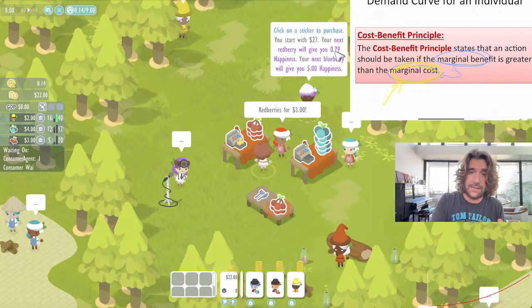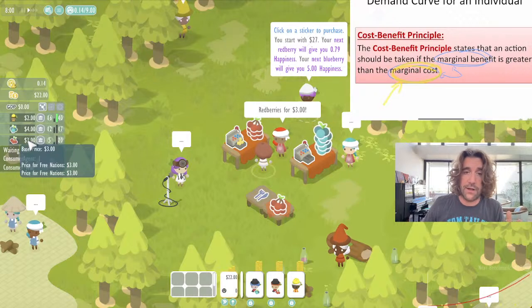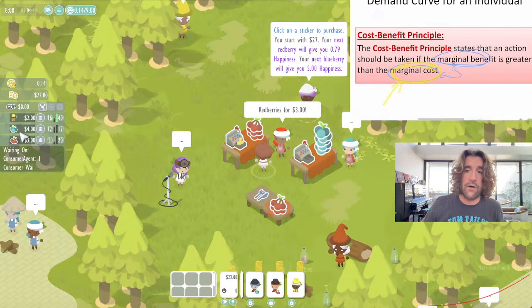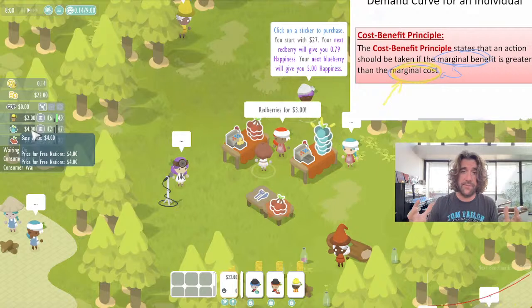With the money that you spend for purchasing a red berry, you are foregoing a certain amount of blueberries. In this example, I would spend $3 to buy a red berry, and with $3, I could have bought a fraction of a blueberry. So $3 wouldn't even be enough to buy an entire blueberry.